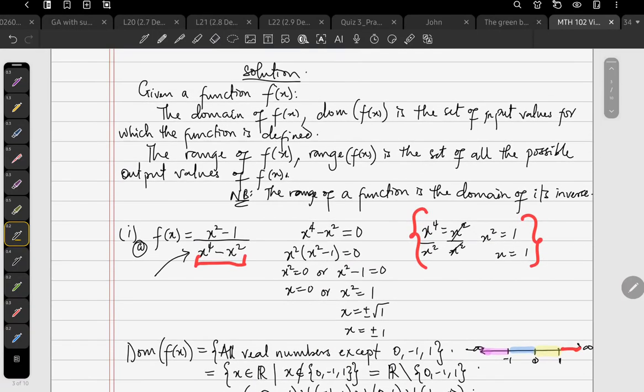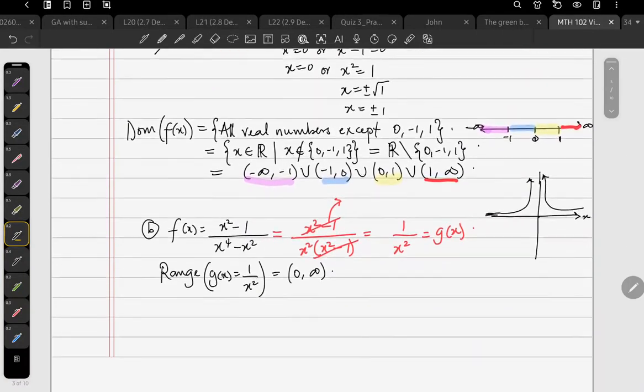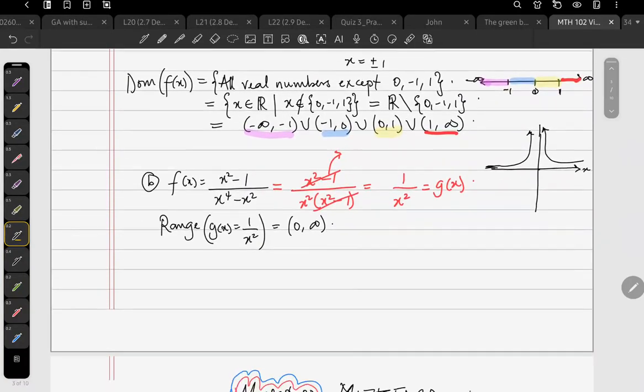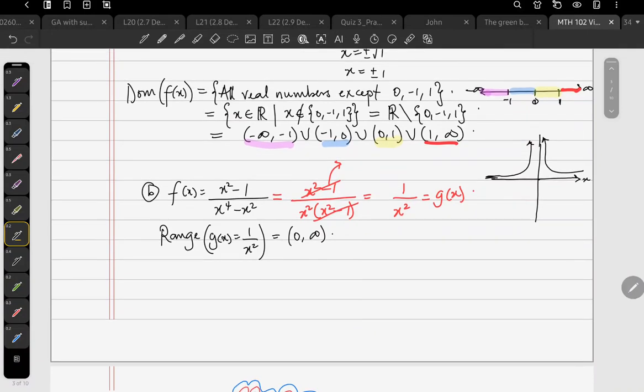But if we want to use the fact that I have stated here, g of x equals 1 over x squared does not really have an inverse. But we can rewrite y equals 1 over x squared and make x subject of the formula. This is a common trick that we use in getting the range of a function.